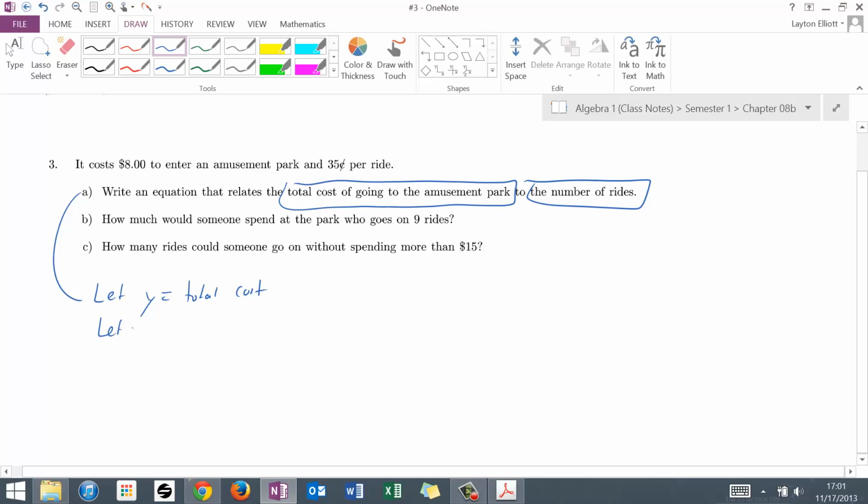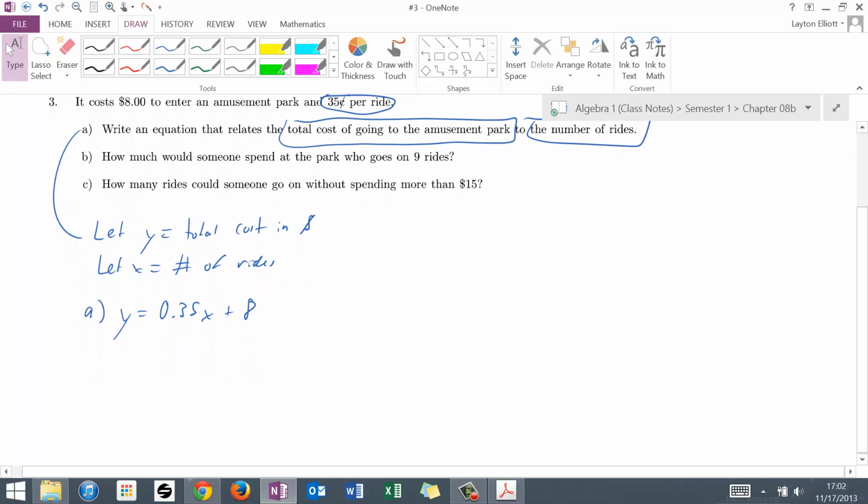And then we'll say let x equal the thing that we can control, which is the number of rides. Writing an equation to relate them means I'm going to do my 35 cents per ride, so y is equal to 35 cents. Well, we want our total cost in dollars, so I'm going to put it as 0.35 times x, plus the $8 to enter the park. So that is the first equation.